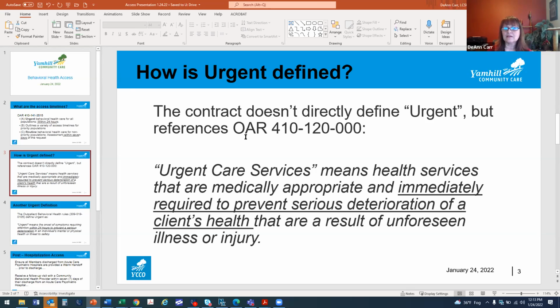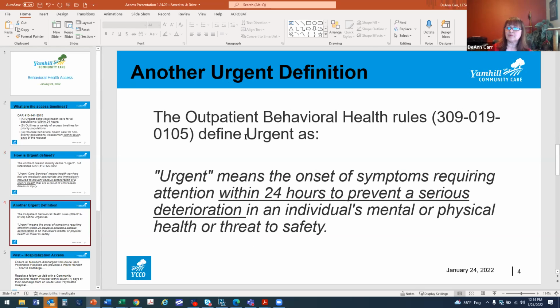That may not align as well with behavioral health, as you may have someone with schizophrenia, and the fact that they're in an urgent state is not unforeseen. But nonetheless, what we want to look at is the 309 rules.